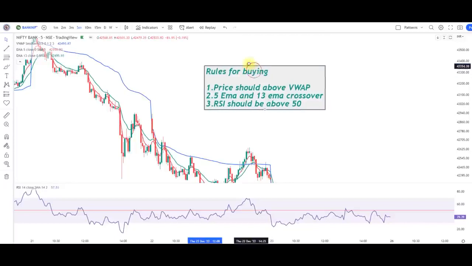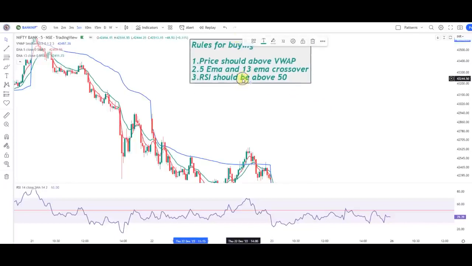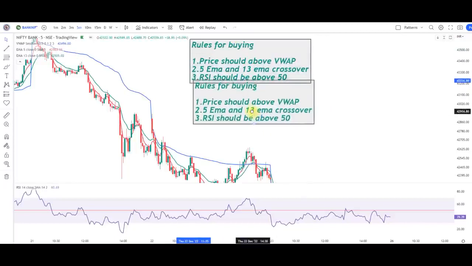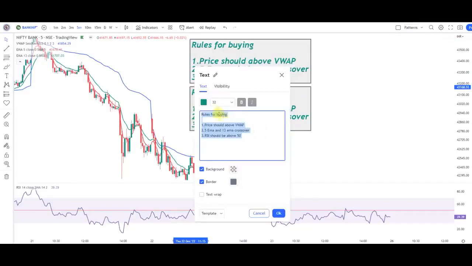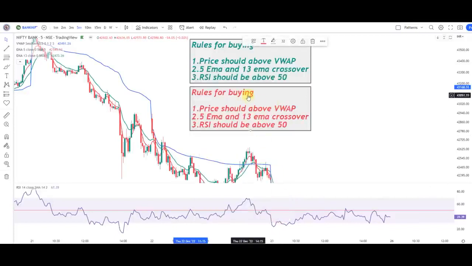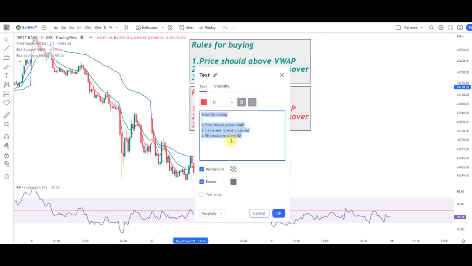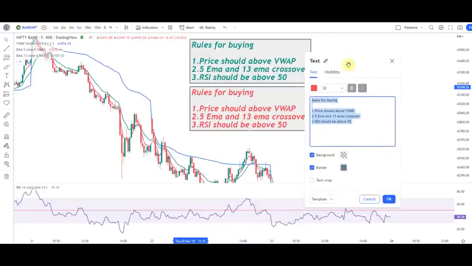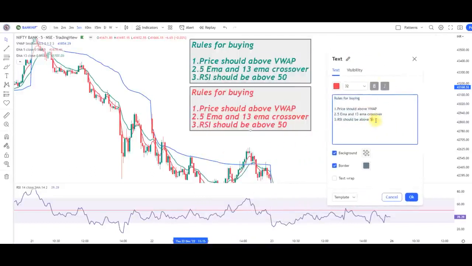Next are the rules for selling. So what are the rules for selling?